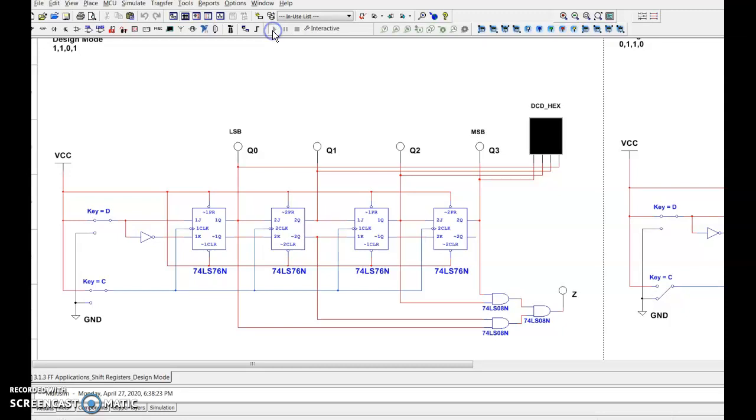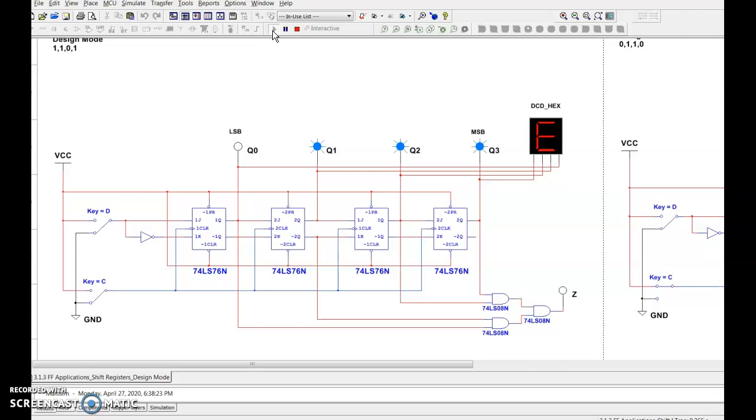All right, so I'm starting the simulation, and then I'm going to start toggling the buttons. We got C, so that's 15, and then D. I'm going to go C again and D again. And I'm just going to keep toggling here.